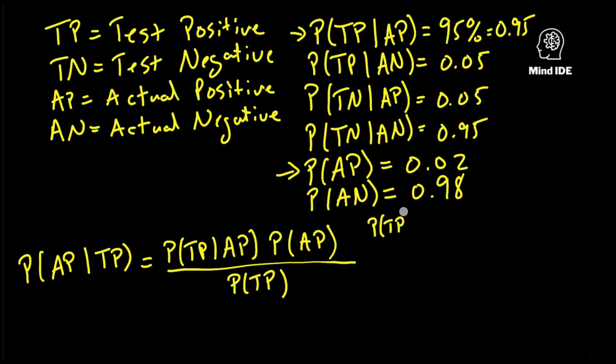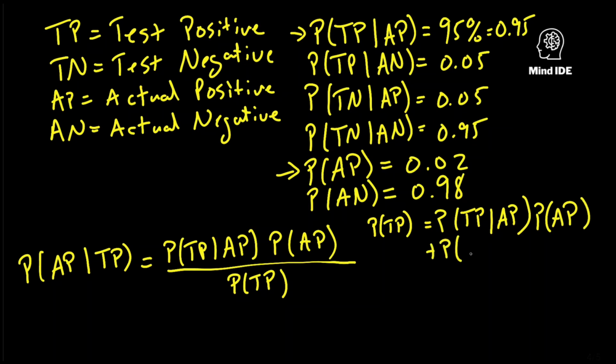So our probability that we test positive is equal to P of TP given AP, multiplied by the probability of AP, plus P of TP given AN, probability of AN.